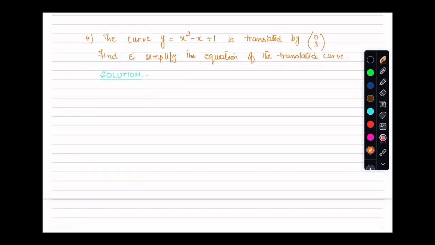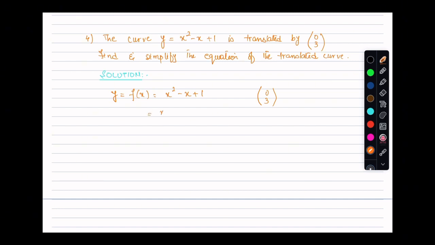Another example: the curve y equals x squared minus x plus 1 is translated by (0, 3), no translation in the x direction, and a positive translation by 3 units in the y direction. If this is the function, x squared minus x plus 1, and it's getting translated by (0, 3), what I know is that in the y direction it's just a translation of 3 units, so it affects the constant.